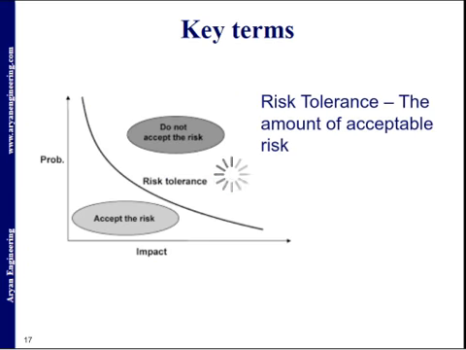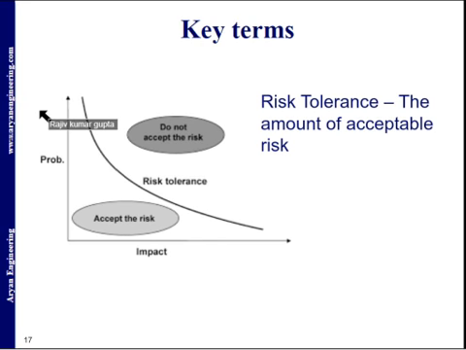Now we will discuss some key terms. In the next slides, we will discuss the risk management process, but before that, we will discuss some key terms. That is the risk tolerance, the amount of acceptable risk.